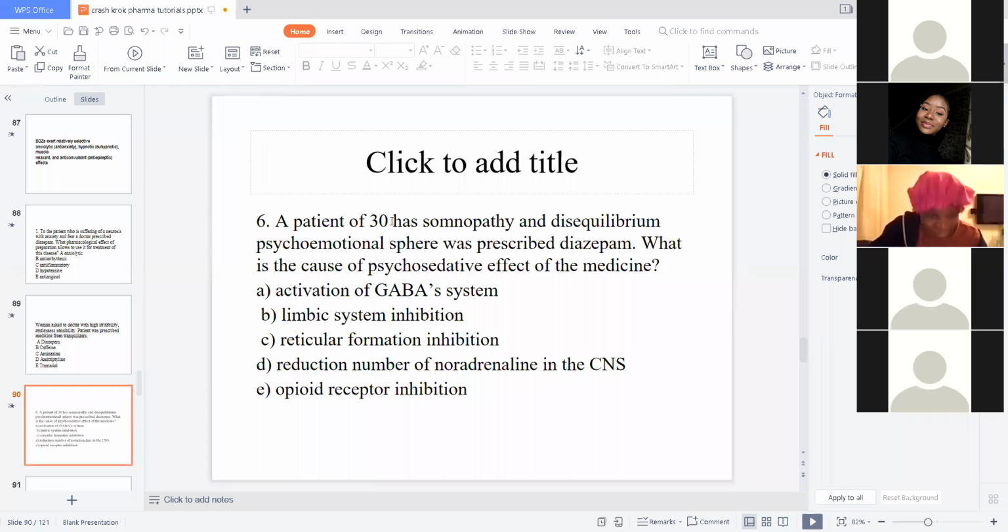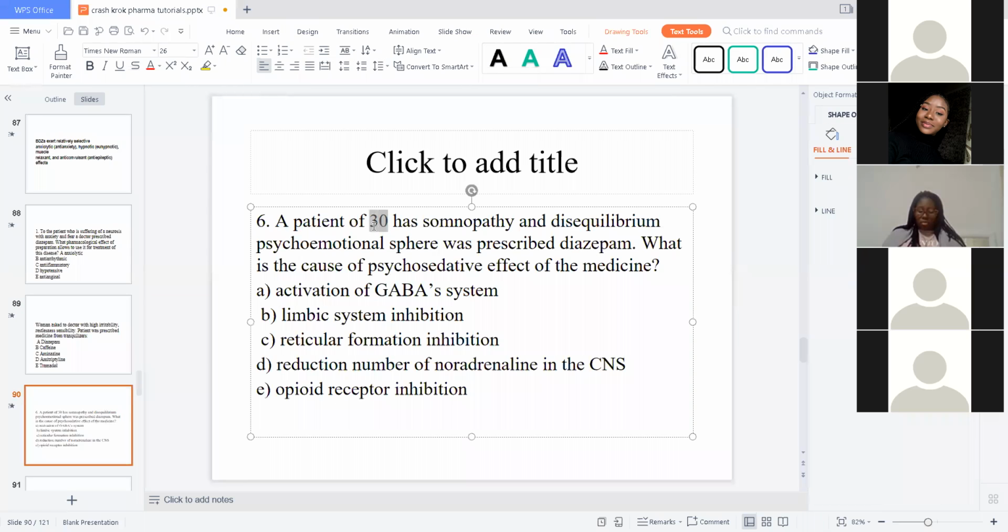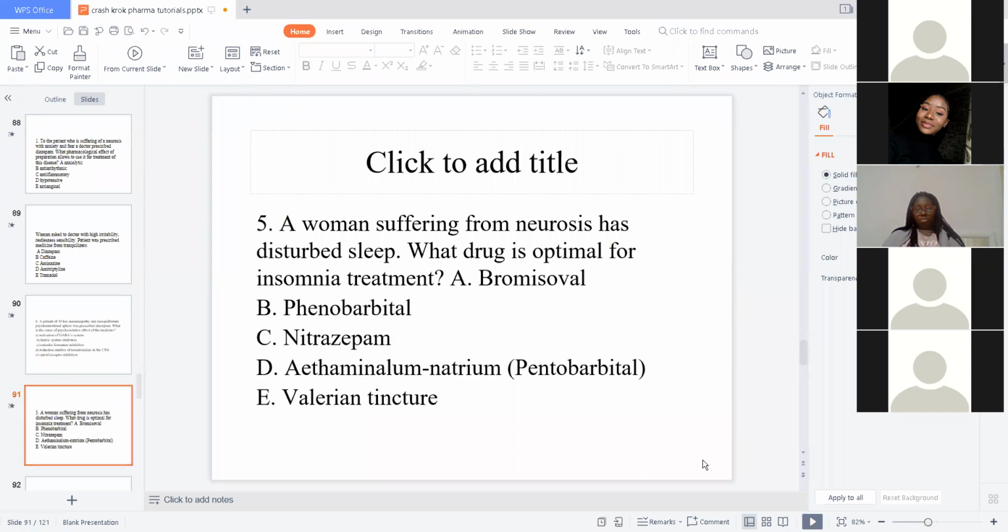Okay, Winnie, this is your question. A patient of 30 has sleep disturbance and disequilibrium in the psycho-emotional sphere and was prescribed diazepam. What is the cause of the psychosedative effects of the medicine? I think activation of the GABA system. Yes, that's correct. Good job.